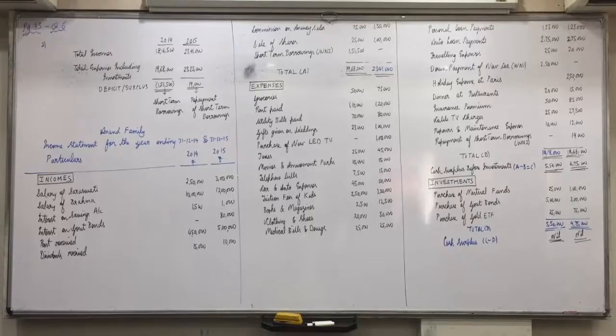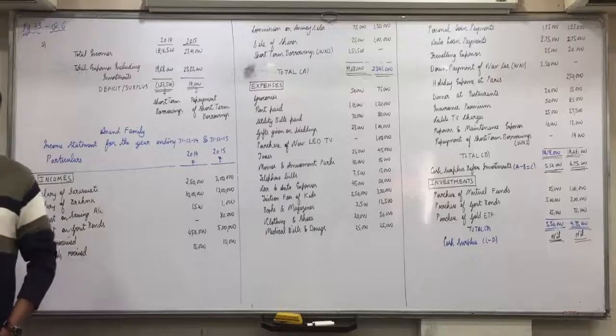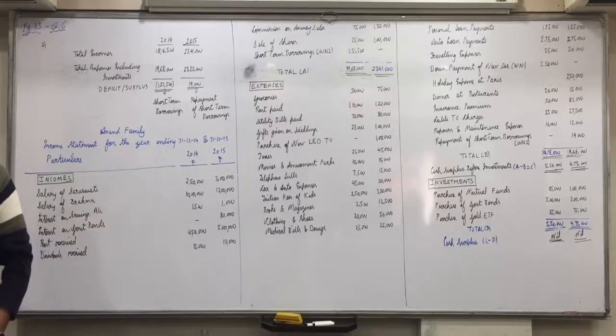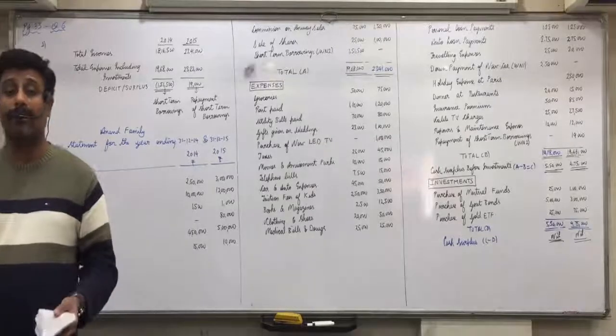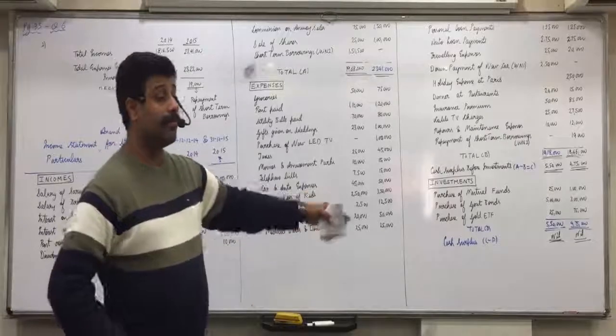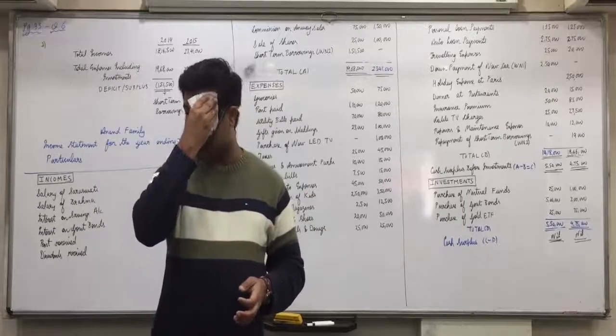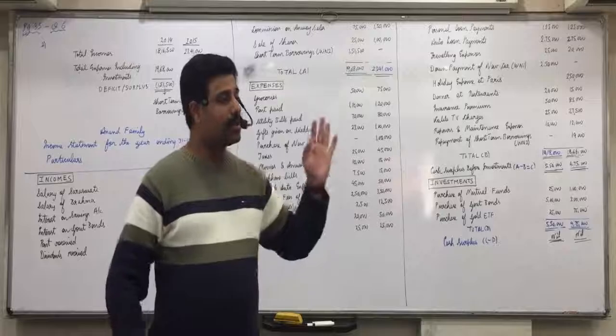Of the ratios, only one will be possible. Understand why. First ratio is solvency; you cannot find it, that is from the balance sheet, where you require net worth and assets. Second is liquidity; you cannot find it, you require liquid assets and current liabilities. Third is the savings ratio; also you cannot find it because savings are zero. Cash surplus in both the years will become zero, so the ratio will become zero.